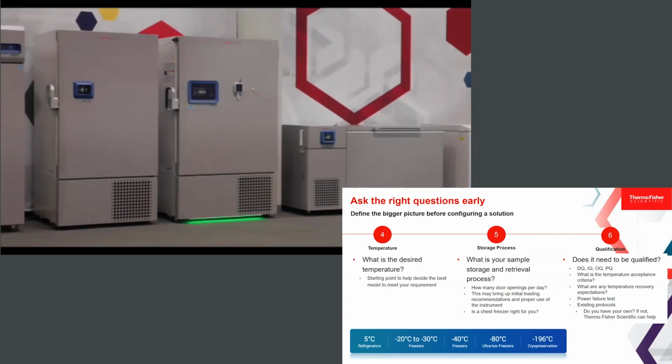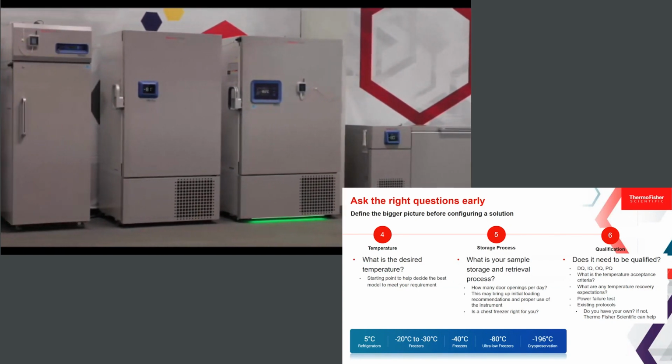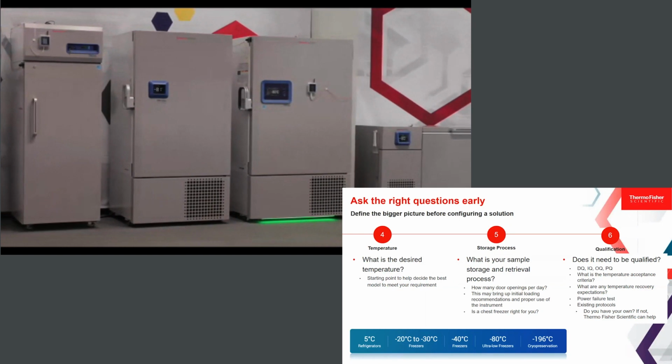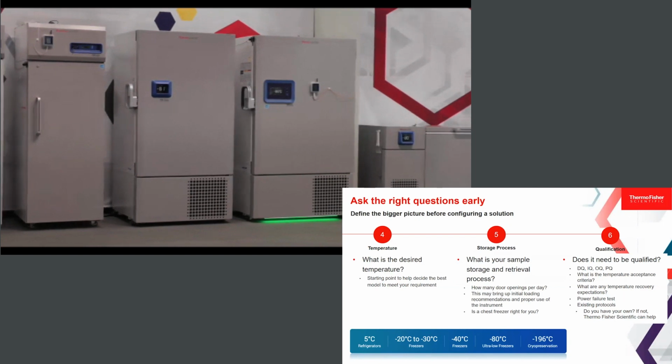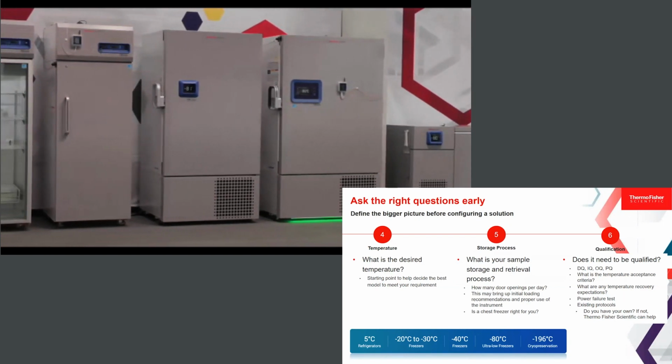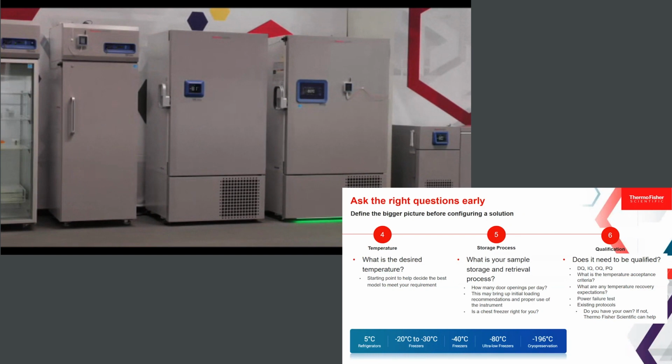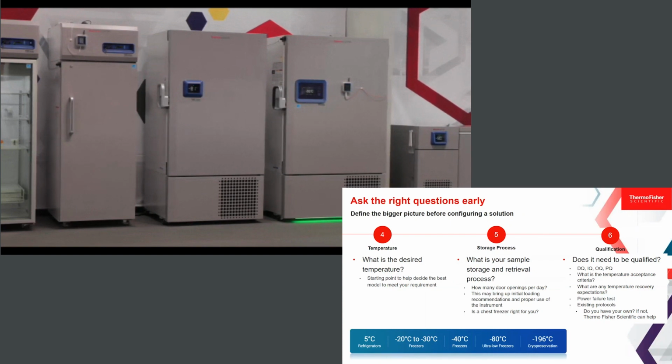So this is really important when you select the type of cold storage. It's not just buying a refrigerator at a retail store. This is your samples. This is your life's work. You want to think about what tolerance there is with what you're storing inside that unit. So definitely take a look at that and certainly talk to our team if you want to about some of the options that we offer within the different categories.